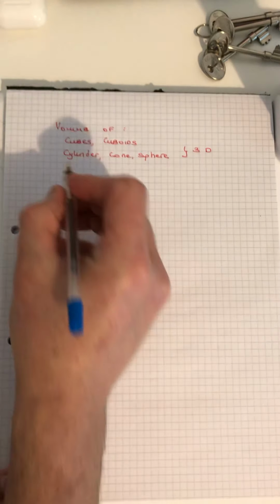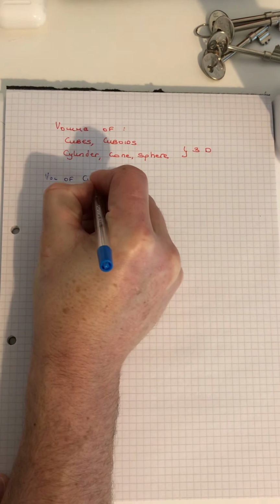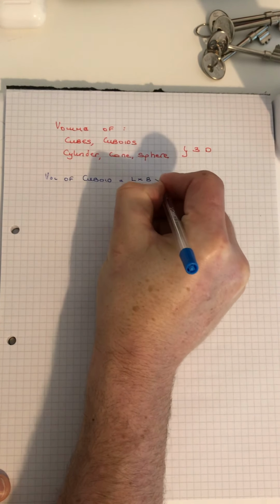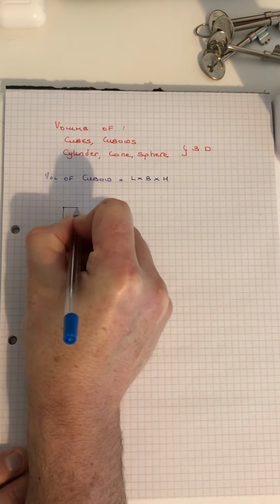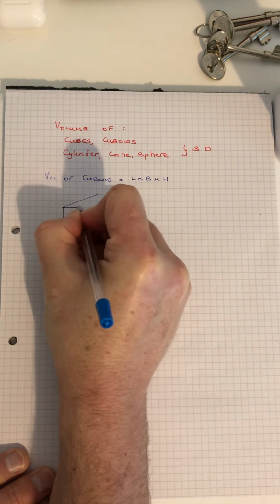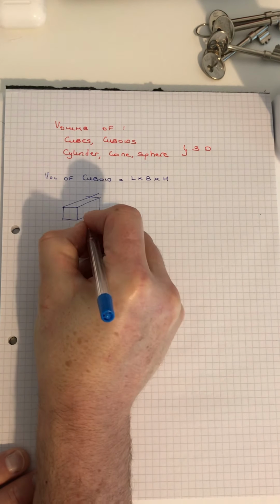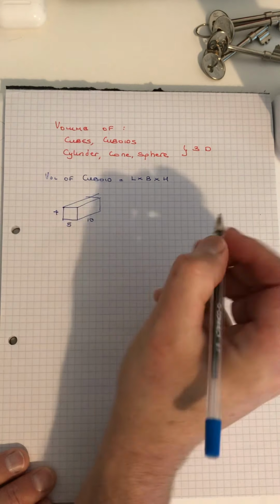So as I was showing you on the PowerPoint, the volume of a cuboid is equal to length by breadth by height. Okay, so if you're drawing out a cuboid, say the example I would use, something like this, where the dimensions are 10, 5 and 4.